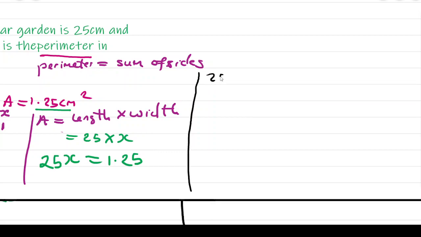So 25x equals 1.25. If you don't have a calculator, you may still do this as 25x equals 125 all divided by 100.